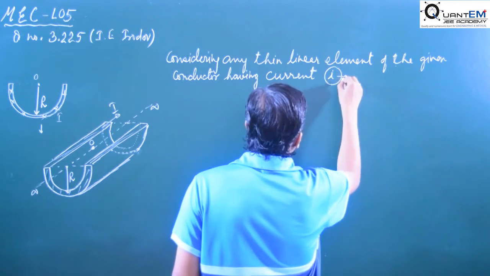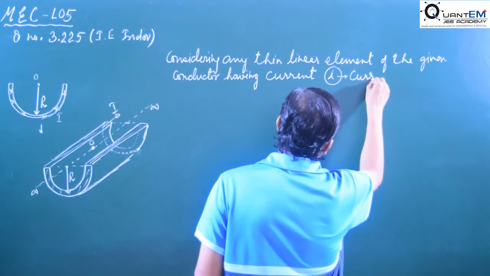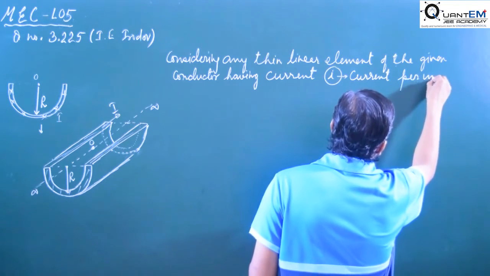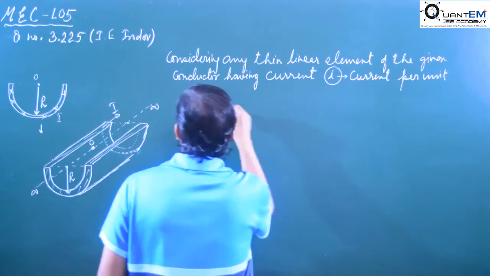Here small i is the current per unit length.